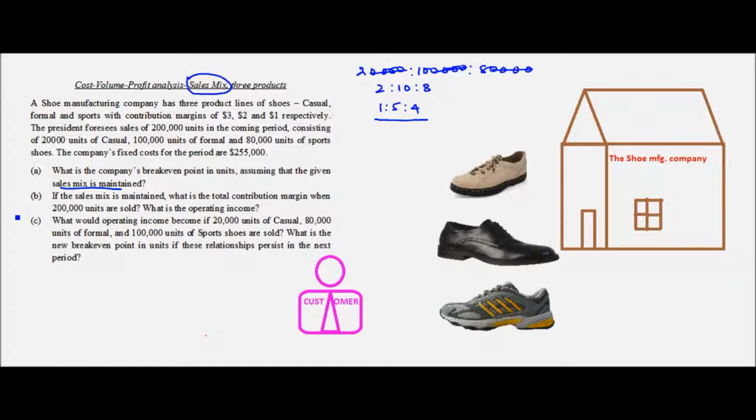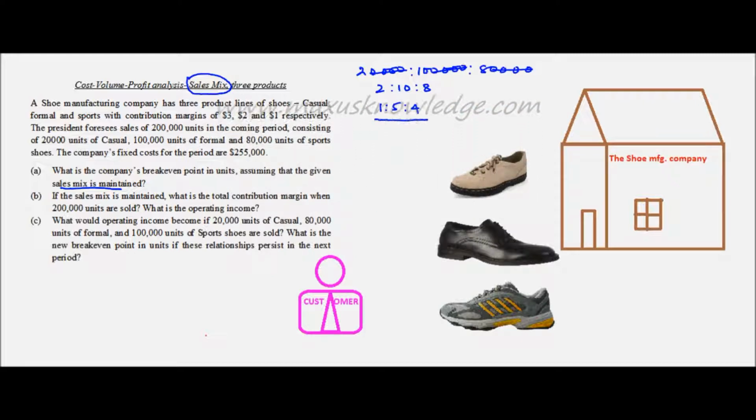What is the operating income? And C, what would operating income become if 20,000 units of casual, 80,000 units of formal, and 100,000 units of sport shoes are sold? What is the new break-even point in units if these relationships persist in the next period?